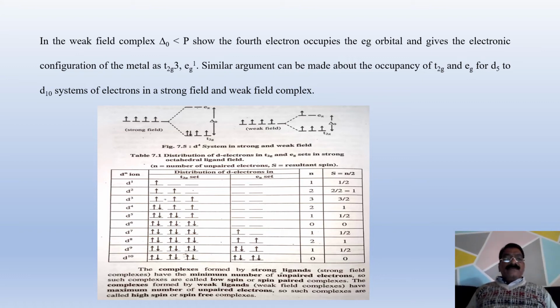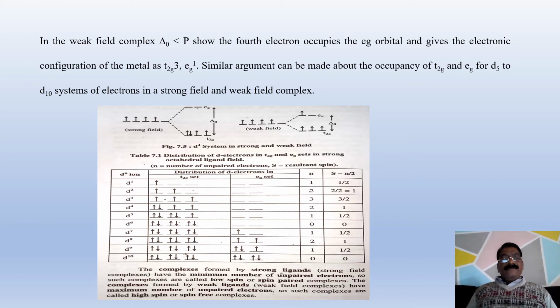In the d6 system, all 3 t2g orbitals get paired. There is no unpaired electron. In the d7 system, again 6 electrons are in the t2g orbitals, that is 3 orbitals with paired electrons, and 1 single electron in the eg orbital.